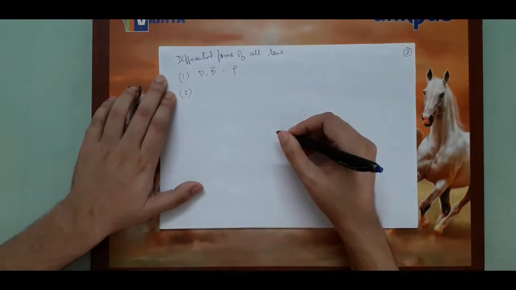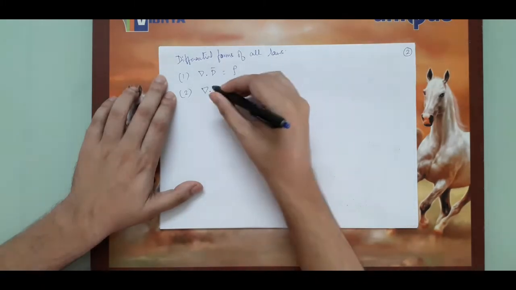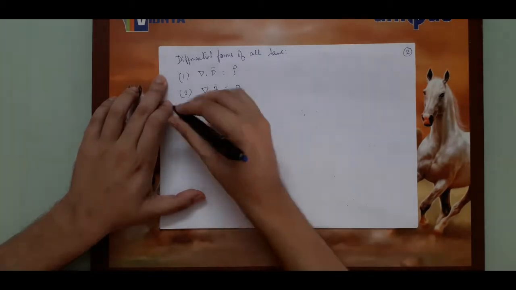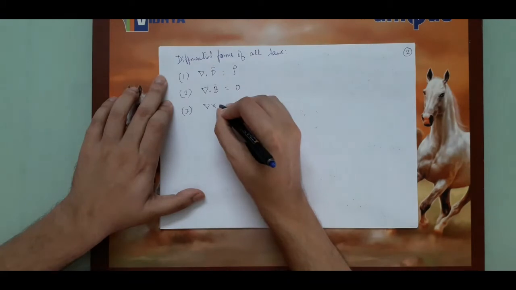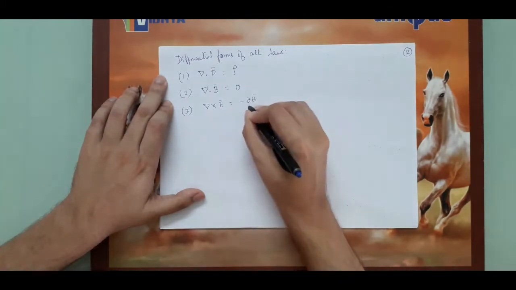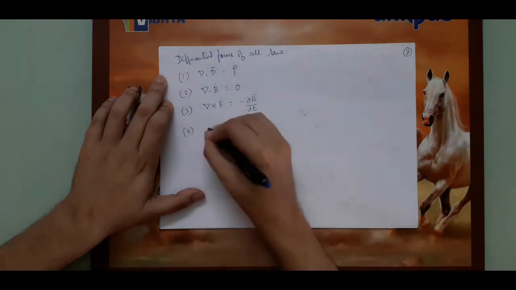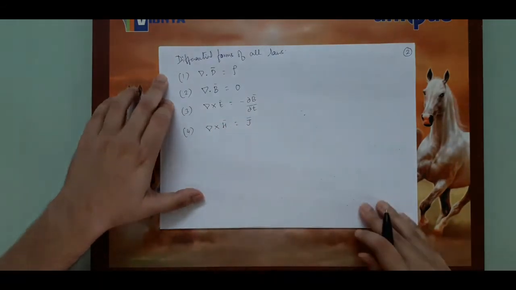Second, Gauss law for magnetic flux. So this was del dot B is equal to 0, which is nothing but the magnetic charge density enclosed by the Gaussian surface. The third is del cross E is nothing but minus del B by del t. And fourth, del cross H is nothing but J.